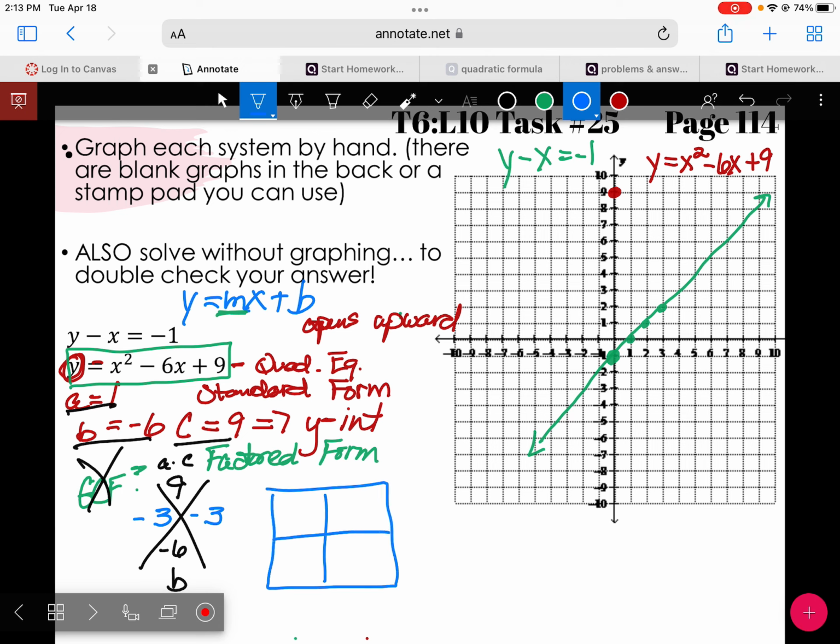So when I put in my box, first term goes in the first box. Last term goes in the last box. And the middle two are these numbers that we found: negative 3 with an x and negative 3 with an x, because those two added together give you your b term. All right, now what do I do?